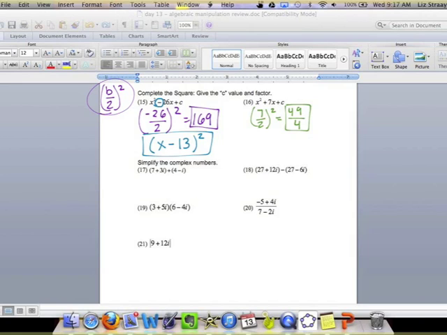Then to factor, we do the X, the sign of the middle, and the square root of the answer we just got. The square root of 49 is 7, square root of 4 is 2. Or it will always be the same thing as what we had before we did our squaring.